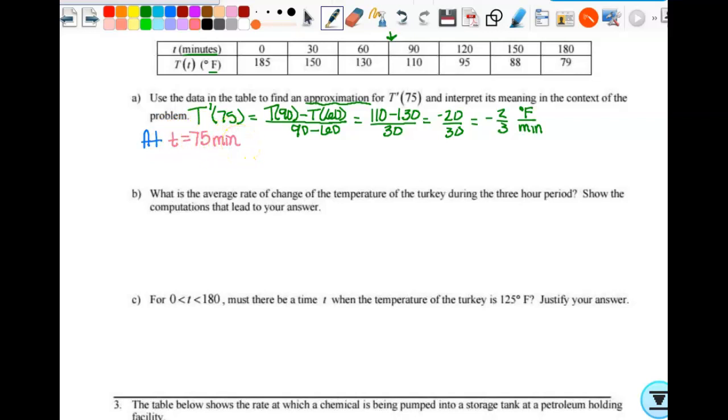So I need the 75 and I need the units because it says time instance with unit. What are we talking about here? Temperature of the turkey.